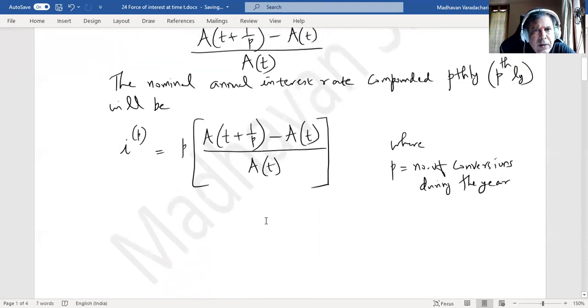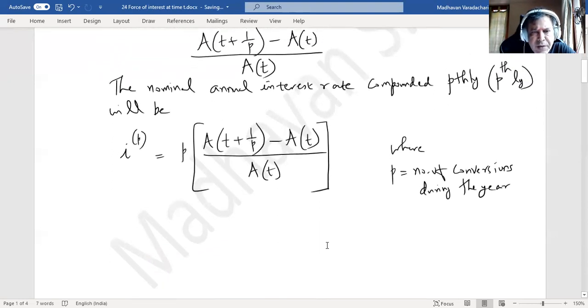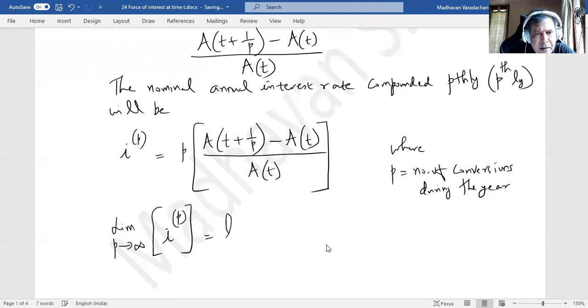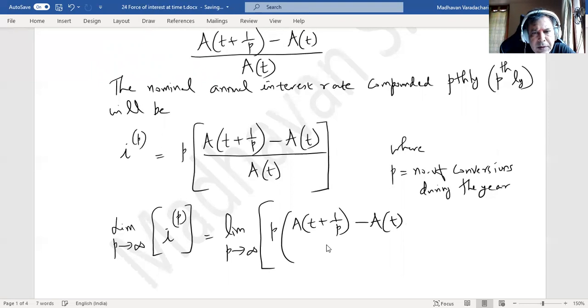Now the question is, if this p happens very frequently, meaning if p is a very large number, or I can say limit p tends to infinity, of i(p) will be limit p tends to infinity of p times [a(t + 1/p) minus a(t)] divided by a(t).